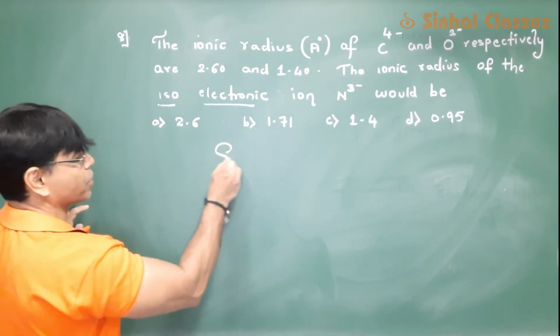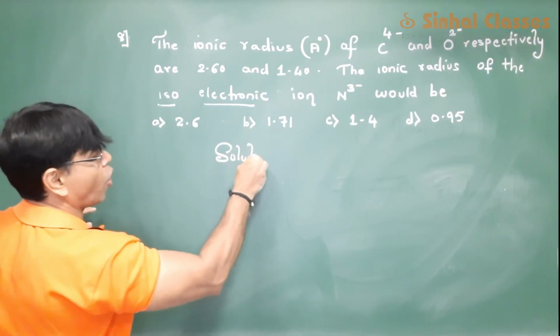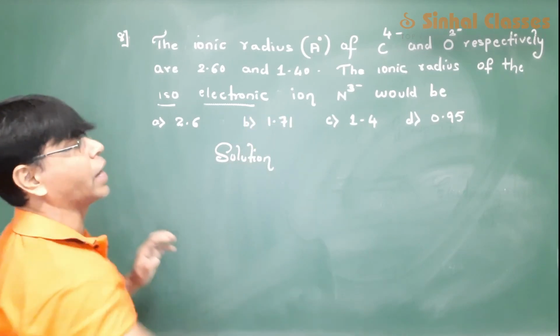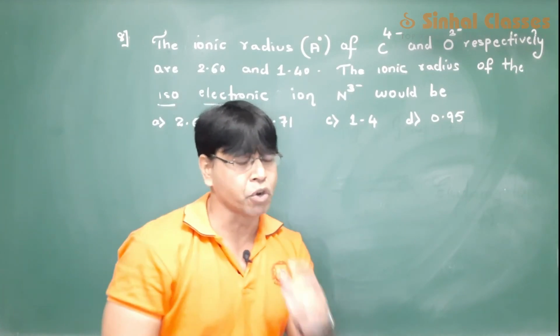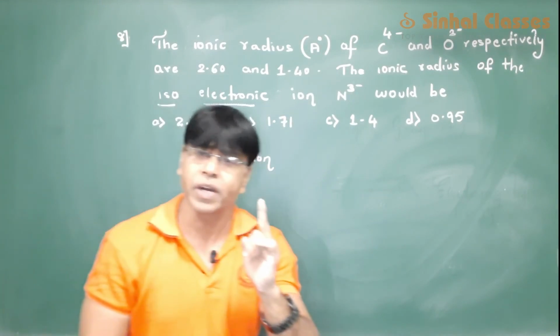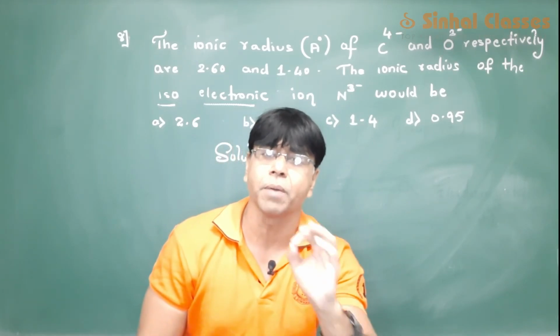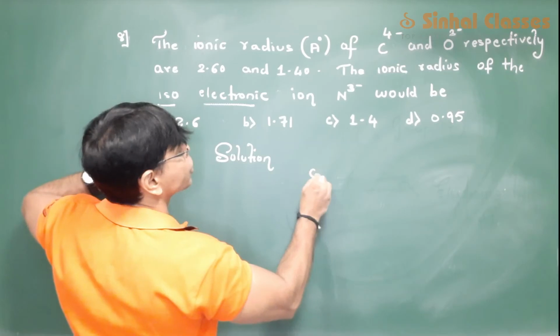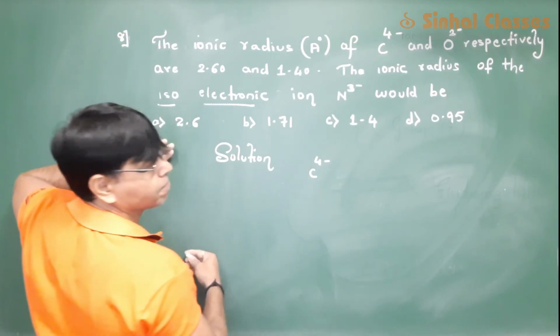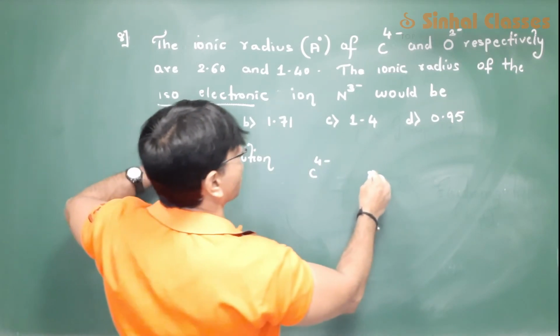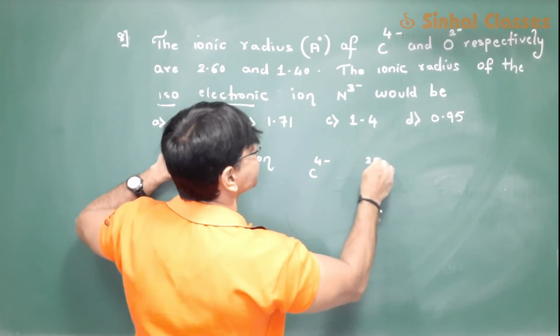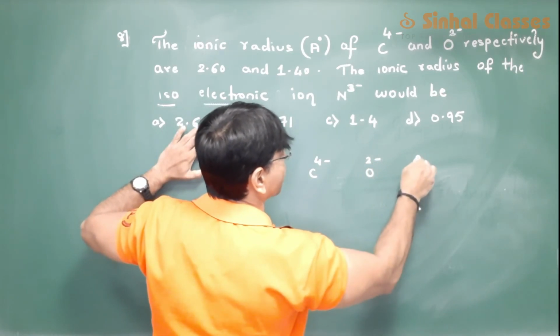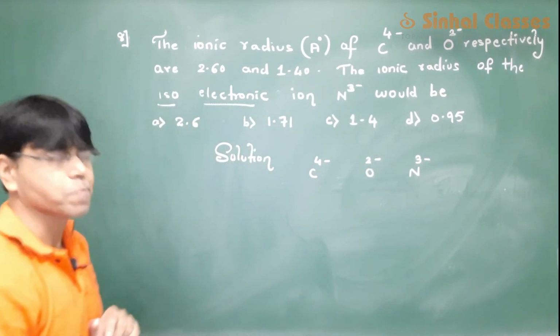Now this is a very simple question. See, all three of them are isoelectronic, and I have told you what is isoelectronic? Having the same number of electrons. So you have C4 minus, O2 minus and now N3 minus.